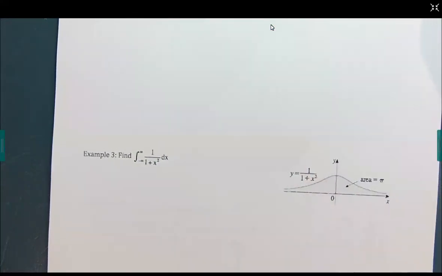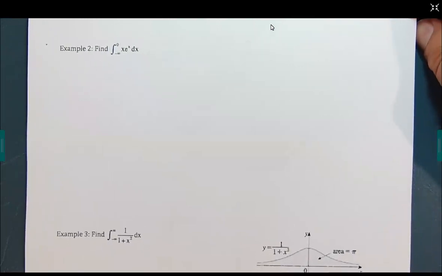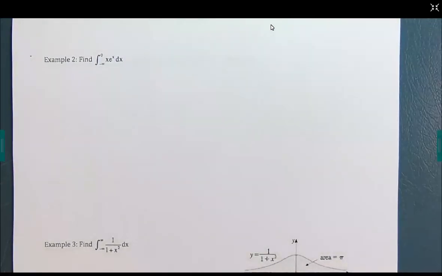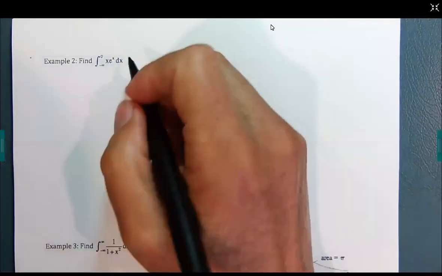All right, let's move on to our next example. This time we're going off to negative infinity. Well, that means we're going to have to make it into a proper integral by writing it like this.